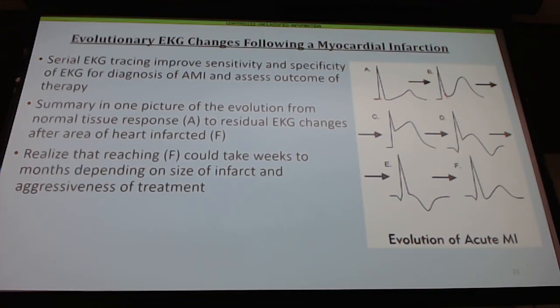Maybe it doesn't quite meet the threshold of that 1 millimeter yet, but as you continue to watch, that ST elevation now definitely gets to the point where it's above that 1 millimeter elevation, or if it's V2, V3, that 2 or 1.5 millimeters. But then 8 to 10 hours later, what do you start to see? That Q wave starts to develop, and you still have that ST elevation present.